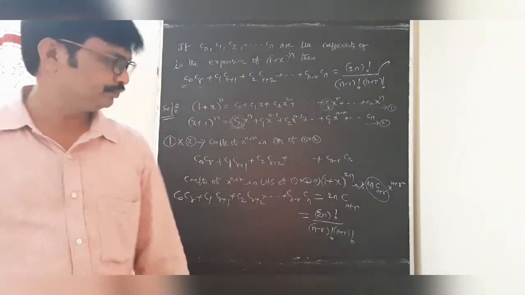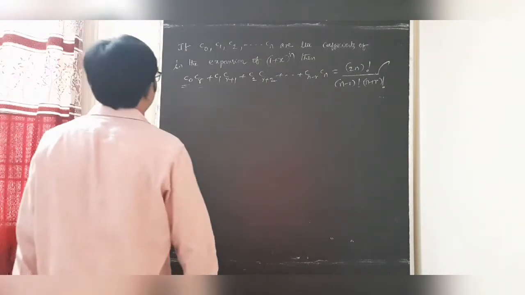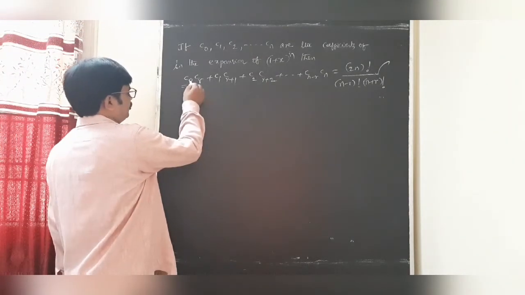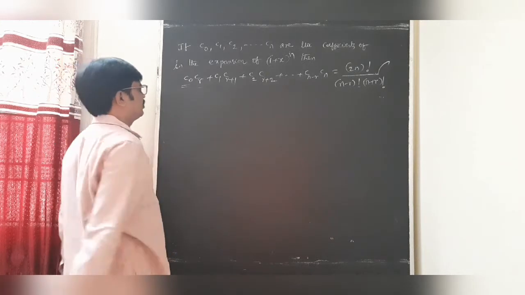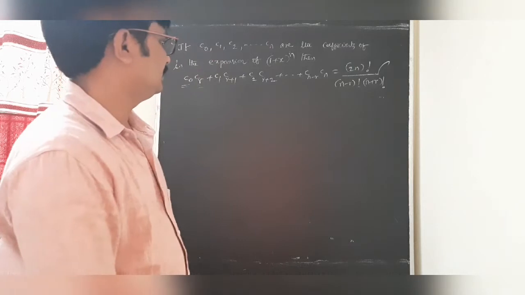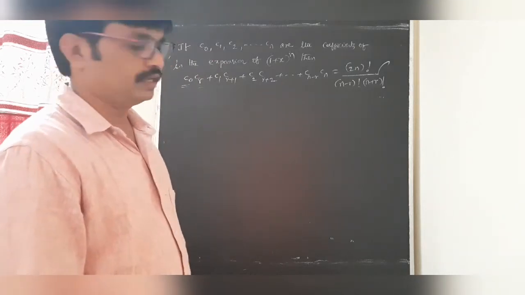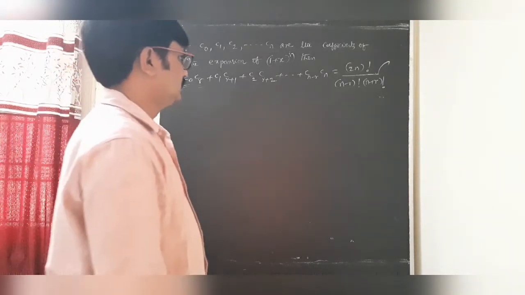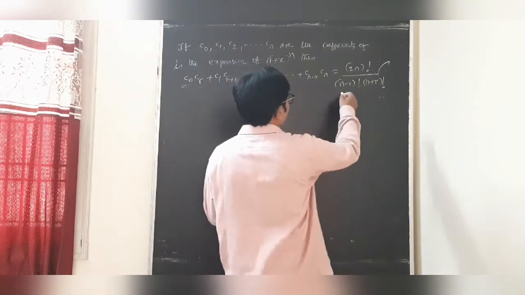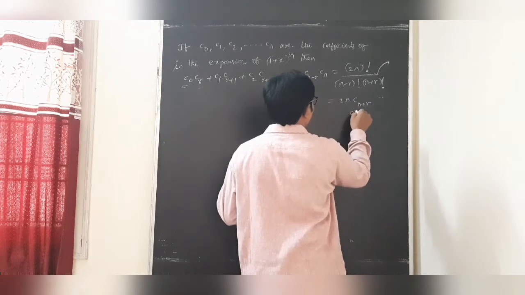Okay, students? So now we prove that C0 Cr, C1 Cr+1, C2 Cr+2, and so on, Cn-r Cn is 2n factorial by (n - r) factorial into (n + r) factorial. This is 2nC(n+r).